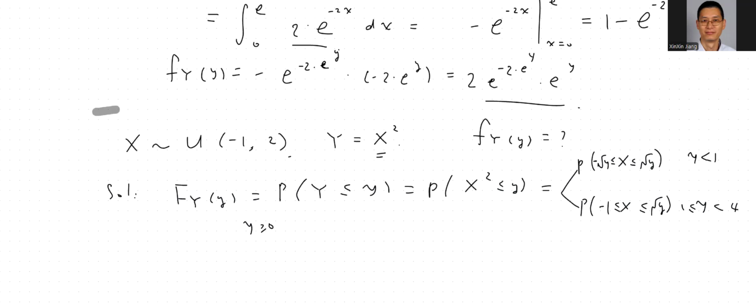It's not negative square root of y anymore, because when y is greater than 1, negative square root of y is less than negative 1, which is out of this domain already. So you need to separate two pieces and then differentiate them accordingly. The following part should be okay because x is uniform, and you can solve it. Anyway, it will be a piecewise defined function.